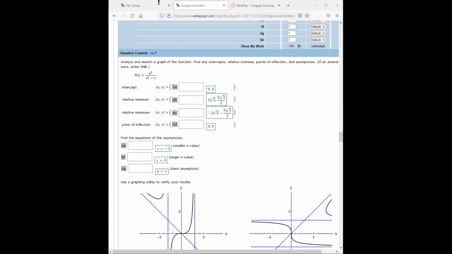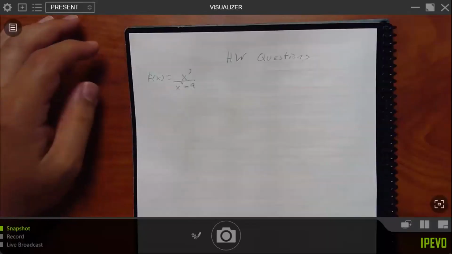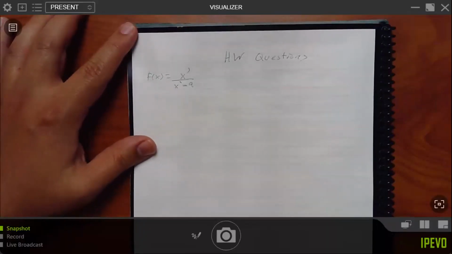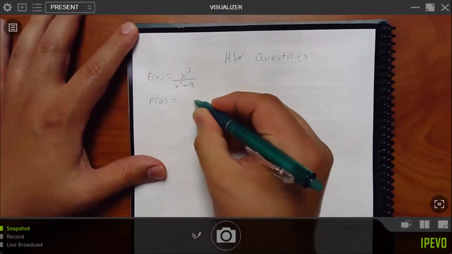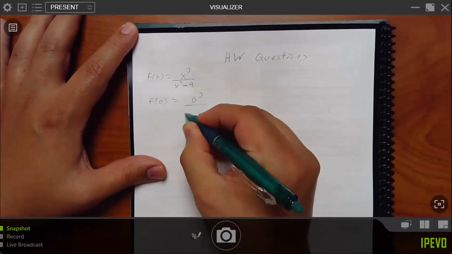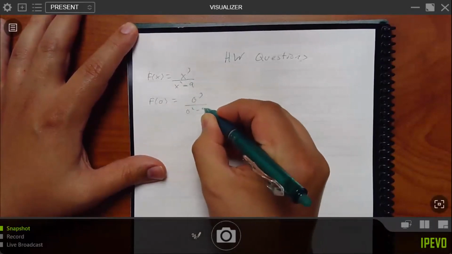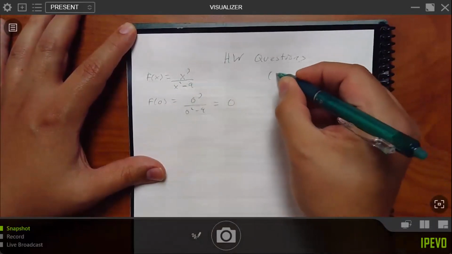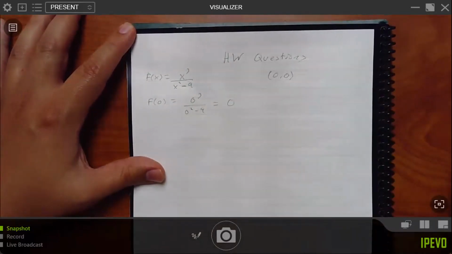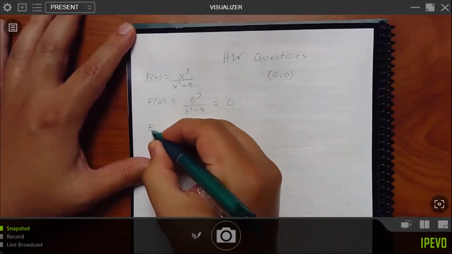All right, so to get the other ones, you just have to use the original function to plug in 0. So you get 0 cubed over 0 squared minus 9, which will be 0. So that's how they get that first point for the intercept. And then you just go there again for the relative minimum.